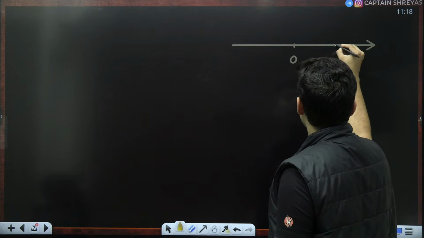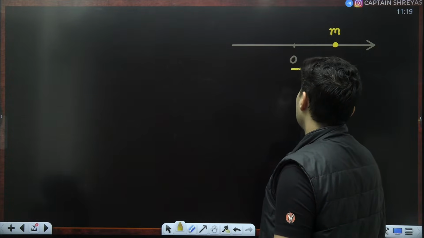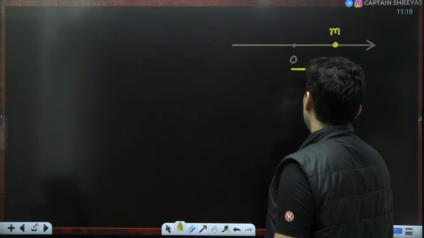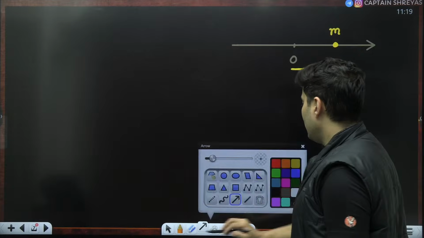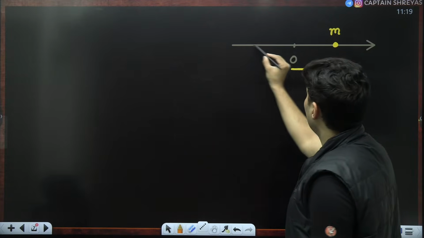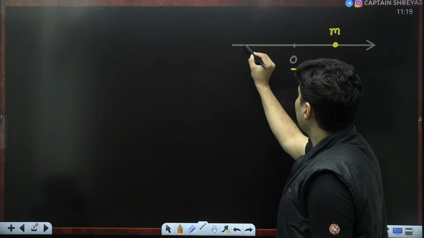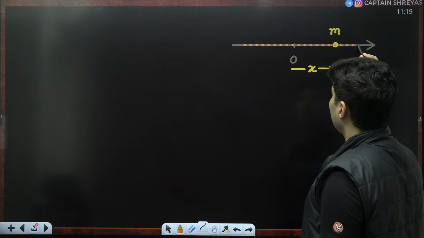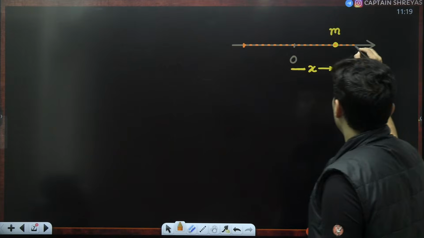Let's say the mass which I'm talking about is over here. This is the x coordinate of it, and the x coordinate keeps on changing and reaches some maximum value on either side. Let's say it reaches from here till here only. So this is the maximum limit on either side.